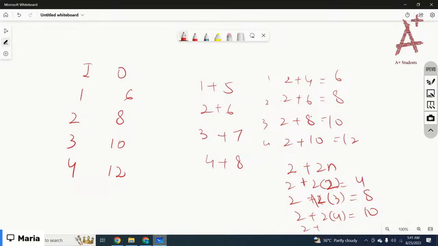Right? Then yes, it would be 2 plus 2 times n.